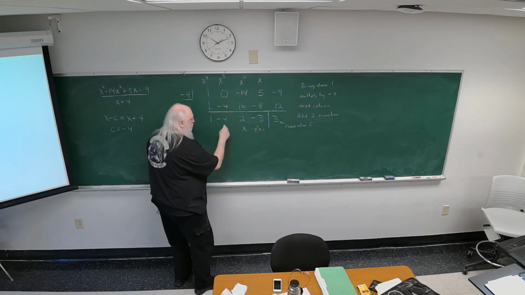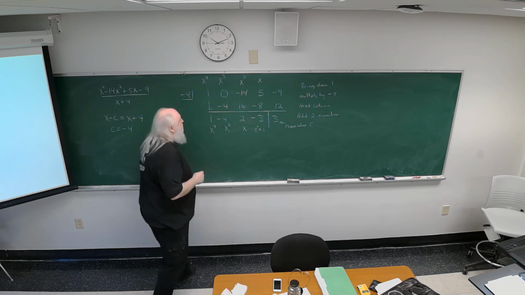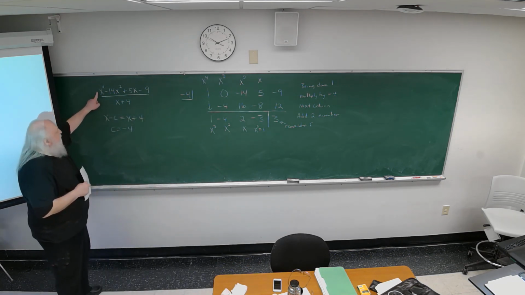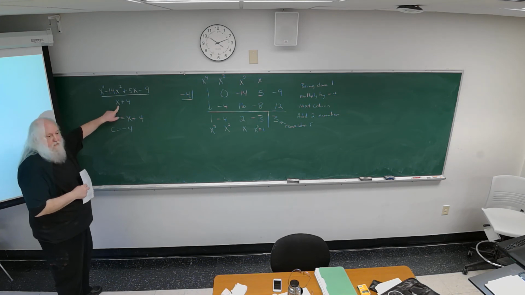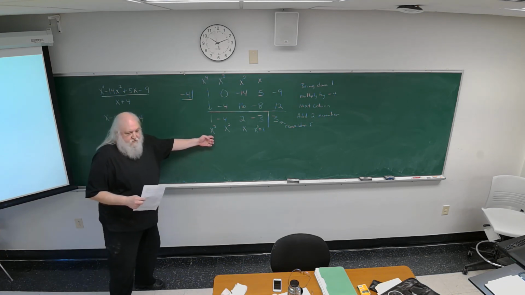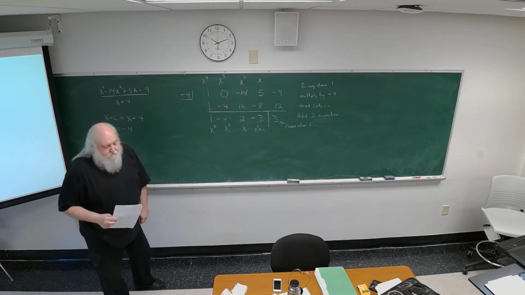This number here is the coefficient that goes with x squared. And this number here is the coefficient that goes with x cubed. Okay? We're dividing a 4th degree polynomial by a linear polynomial. x to the 4th divided by x is x cubed. So our quotient, when we're done, is going to be a 3rd degree polynomial.